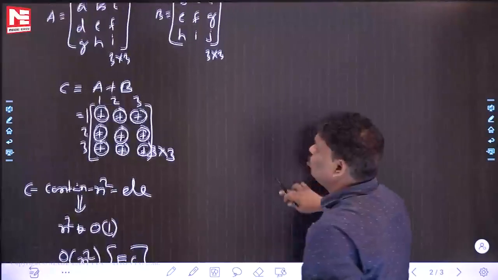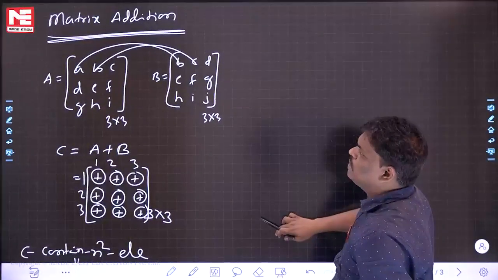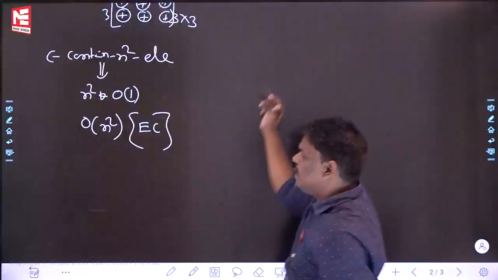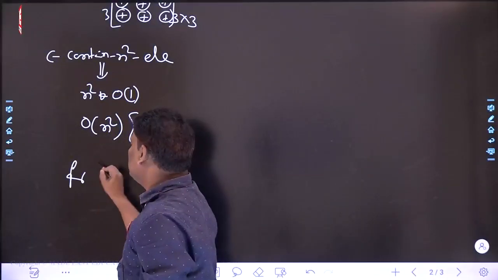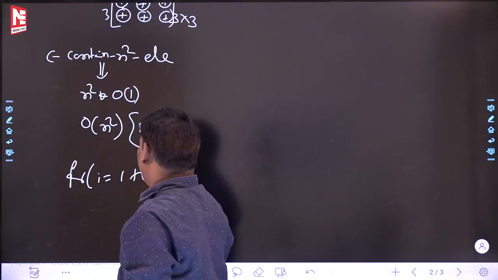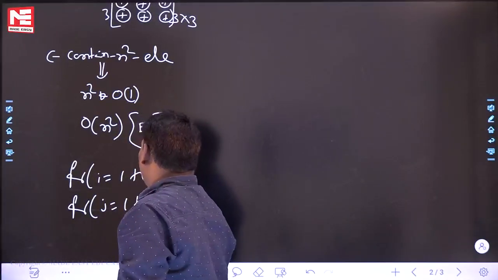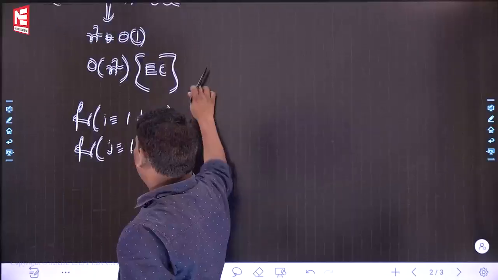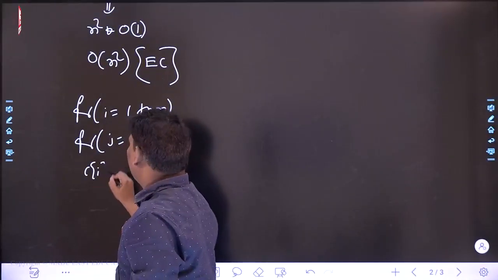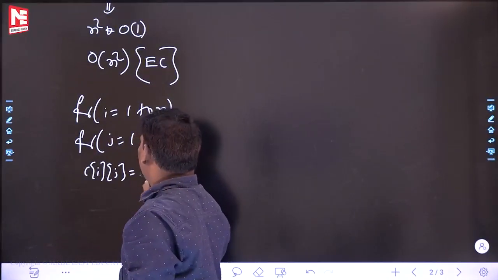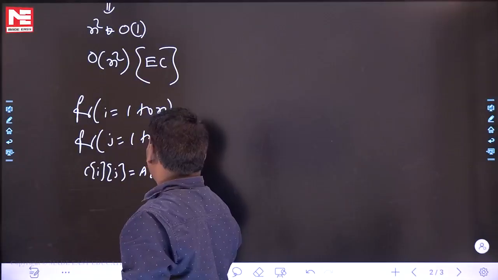Right? Simply two loops required. Everyone knows. The program also you can write simply with two loops. Only for namesake I am writing, really not required. See this one. For i is equal to 1 to n, for j is equal to 1 to n, C[i][j] is equal to, what is the answer? A[i][j] plus B[i][j]. That's it.